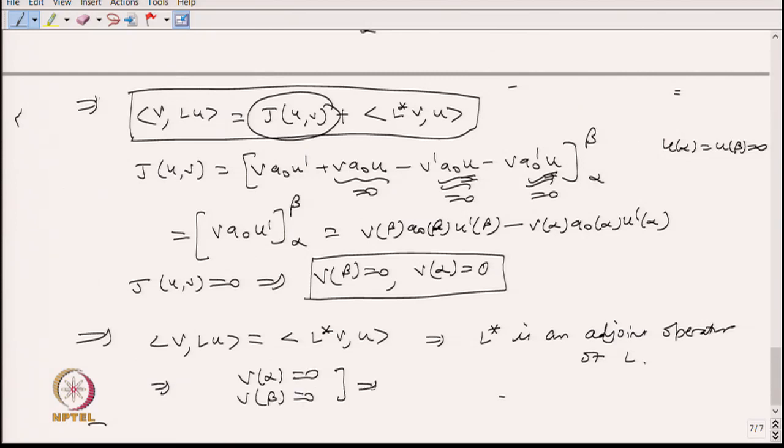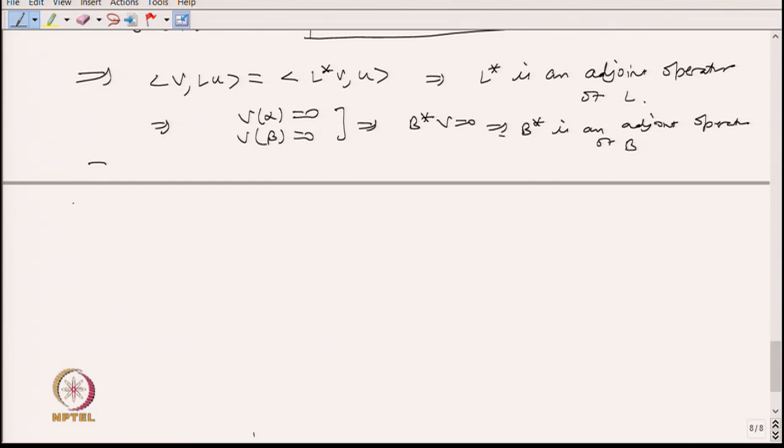So, from here I can say that B star v is equal to 0, so B star is an adjoint operator of B. This is the boundary adjoint operator of B.